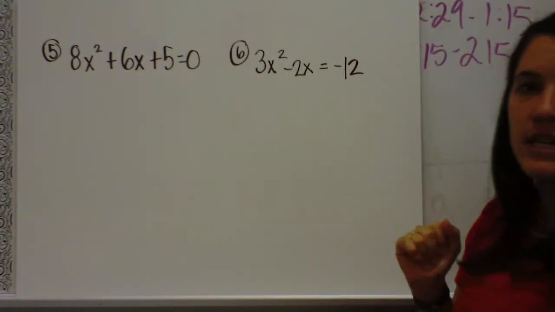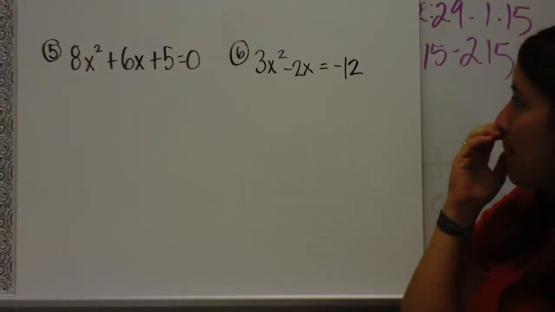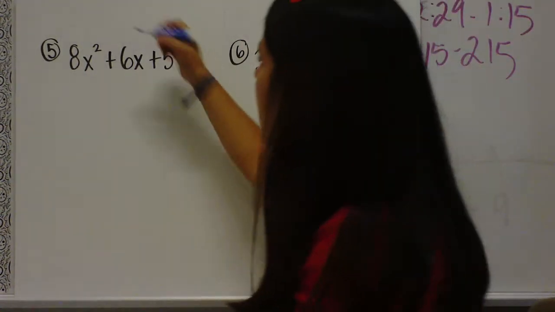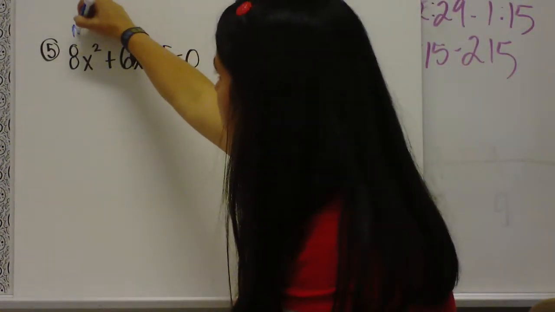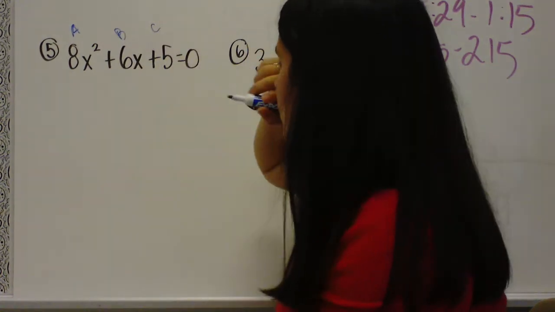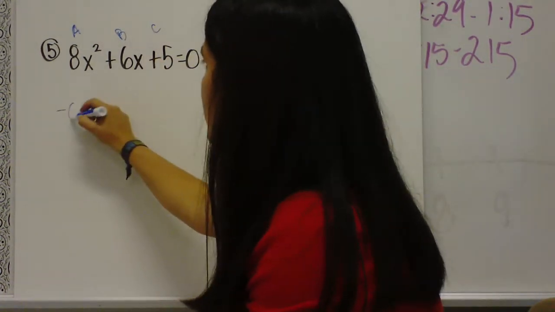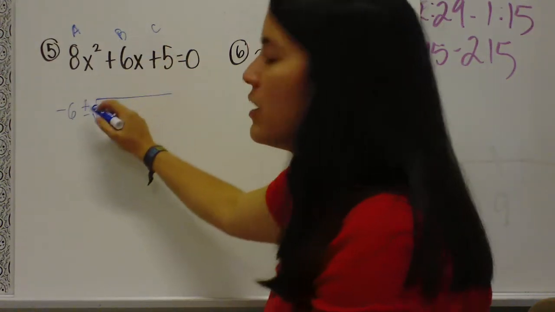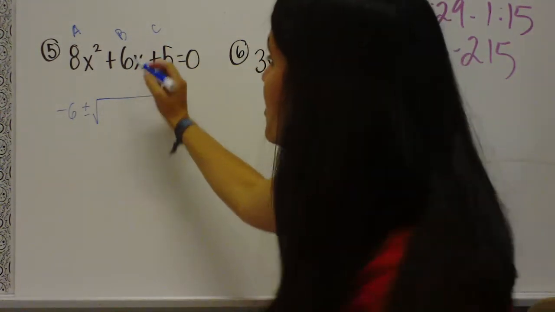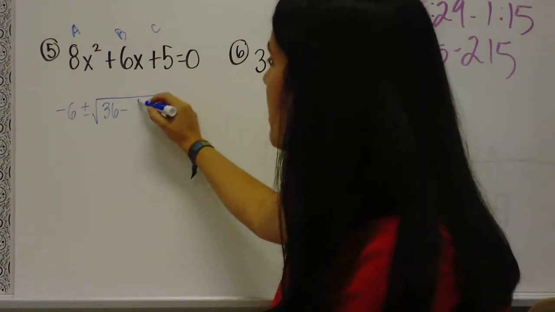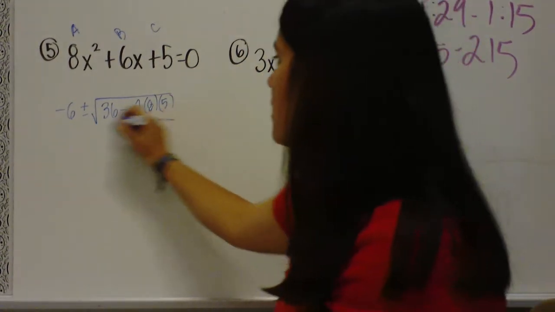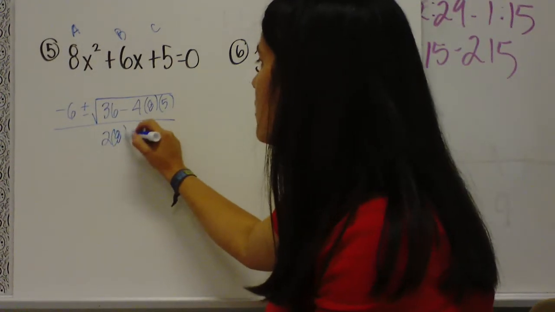All right, so examples 5 and 6. Number 5, I have my a, my b, and my c. So negative b plus or minus the square root of b squared, which would be 36, minus 4 times 8 times 5, 4ac, all over 2a.